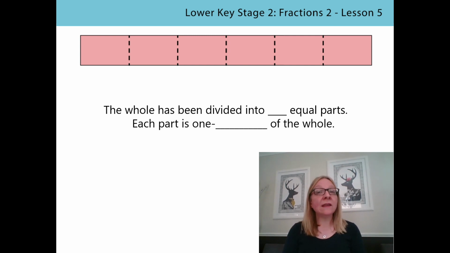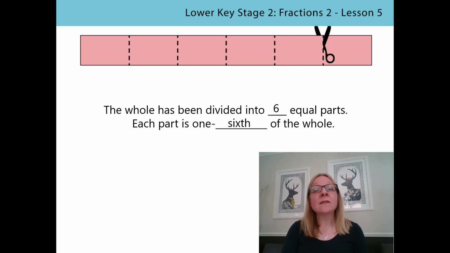Each part is one of the whole. Your turn. Well done if you said the whole has been divided into 6 equal parts. Each part is 1/6 of the whole.